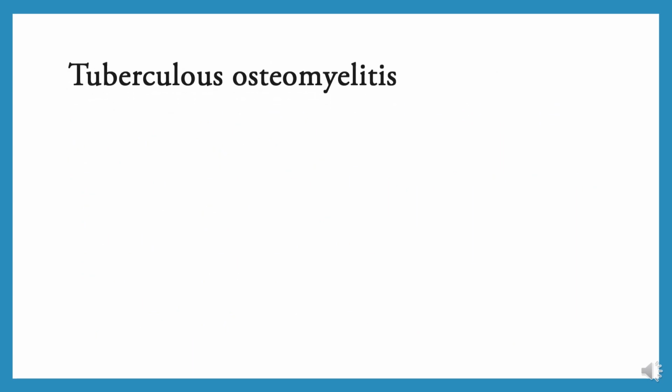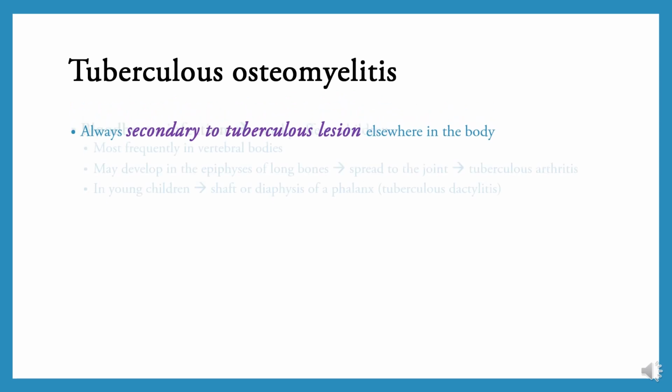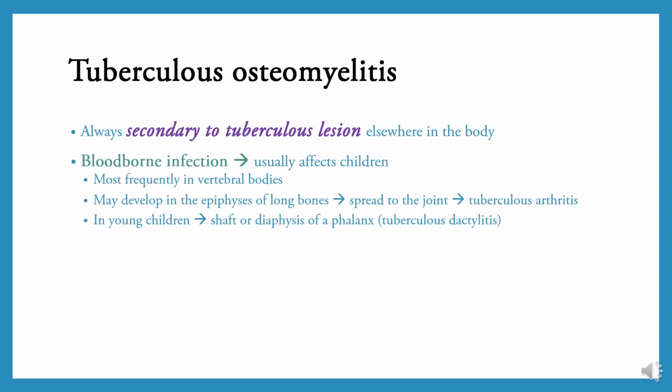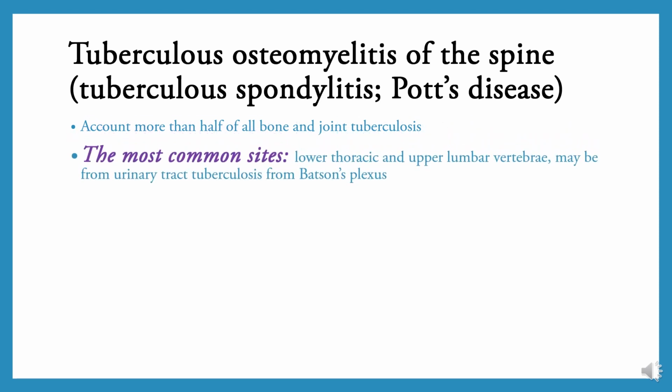Tuberculous osteomyelitis is always secondary to tuberculous lesions elsewhere in the body. Blood-borne infection usually affects children. Tuberculous osteomyelitis of the spine accounts for more than half of all bones affected by tuberculosis. The most common site is the lower thoracic and upper lumbar vertebrae, maybe from urinary tract tuberculosis via Batson's plexus.